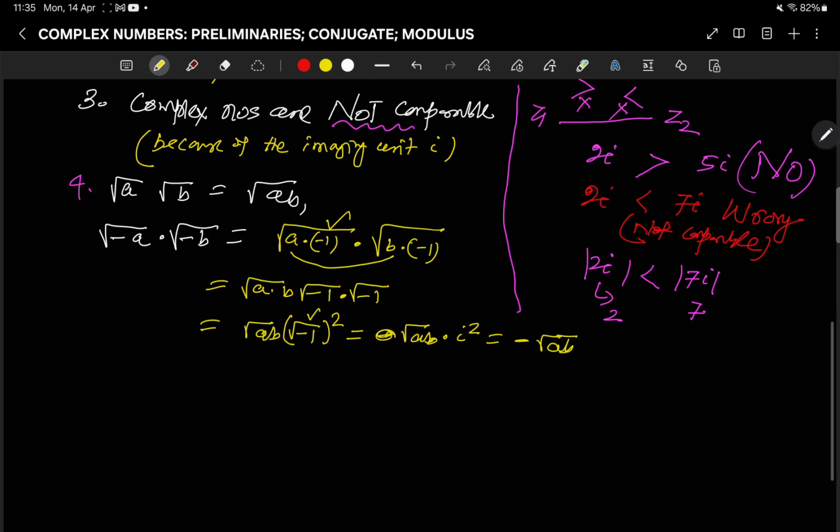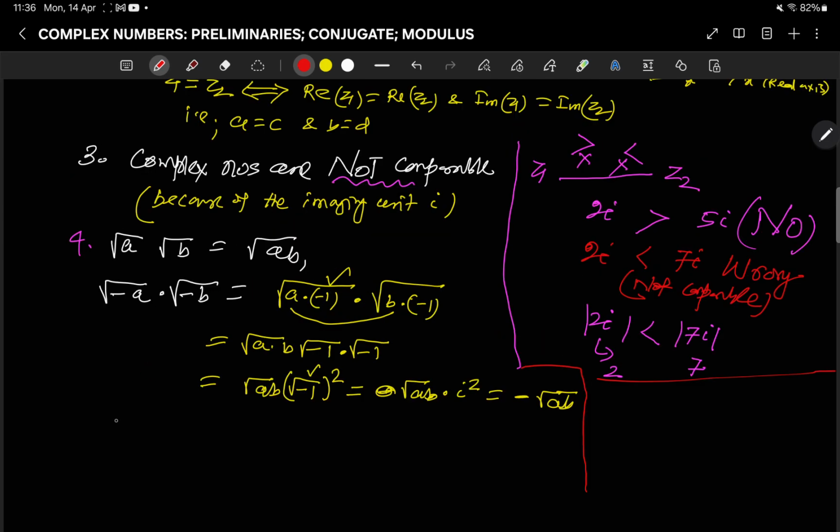So in view of this, if I write the square of root of minus 1, I will be able to write it as root of minus 1 into root of minus 1. And this is my minus 1, or my i square is equal to this. Now there is a paradox.